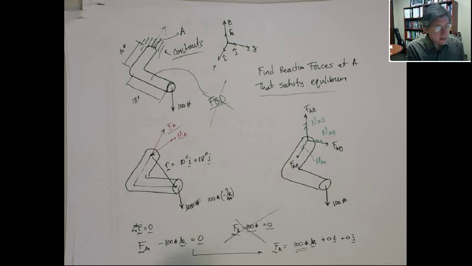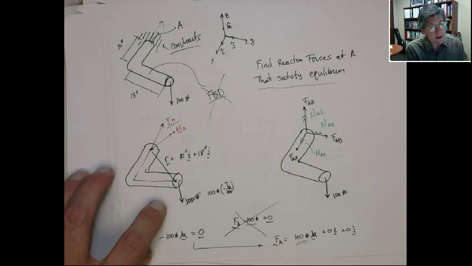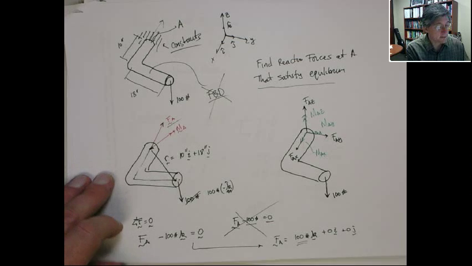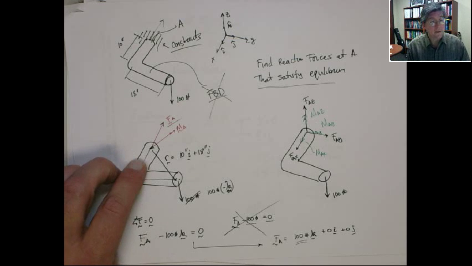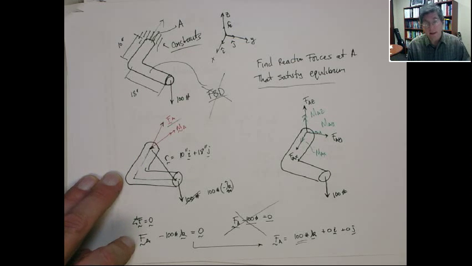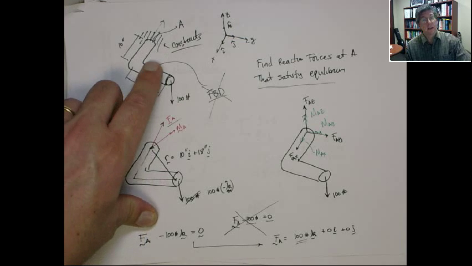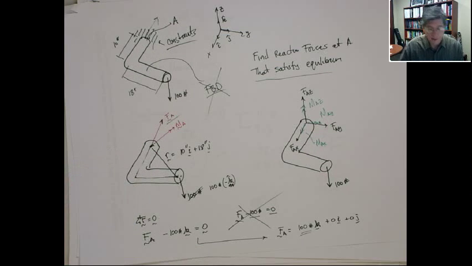You need to clearly draw the free body diagram, and clearly write at least the first line of the sum of forces and the sum of moments. When you hash through the algebra, you can be a little more lax with that stuff. But what's most important is that I see that you clearly have done this step. The rest of it's algebra. Okay? So please do this neatly. Free body diagrams do not contain constraints. They only contain forces. Okay? Only forces. All right? Okay.